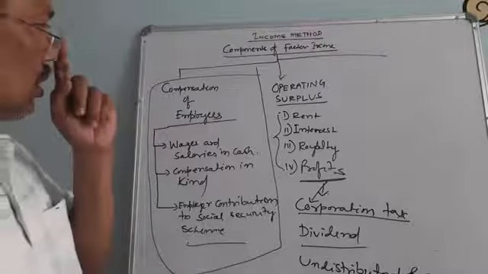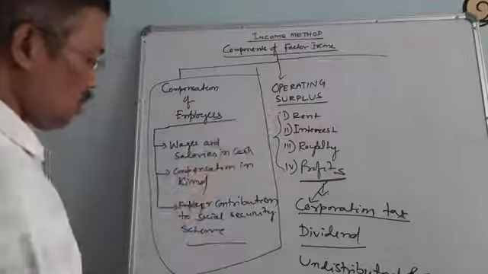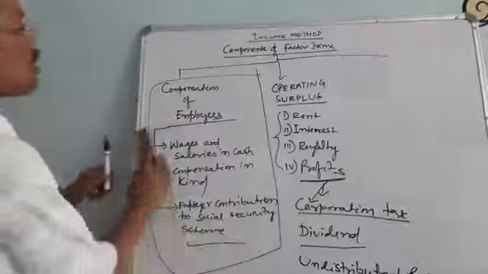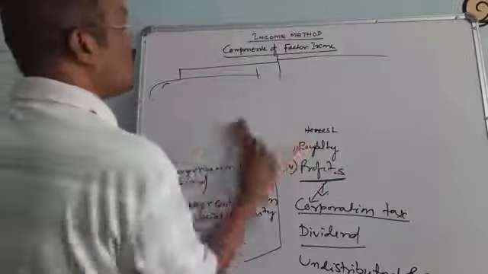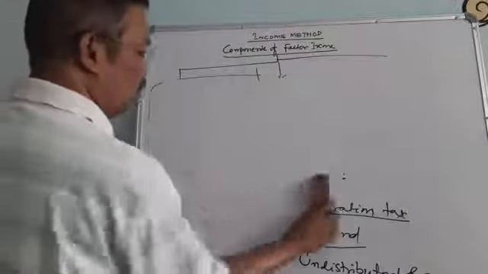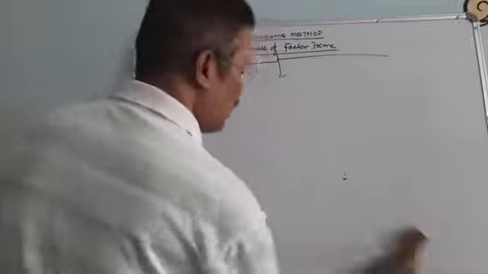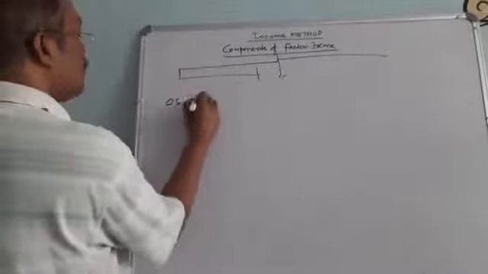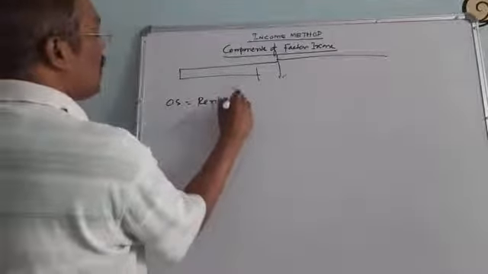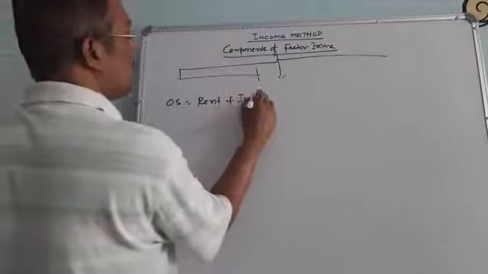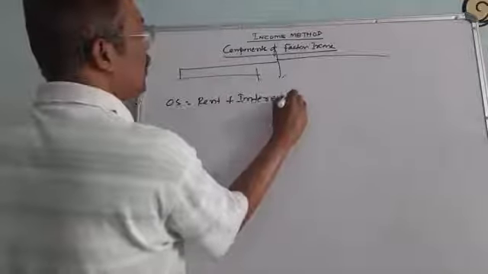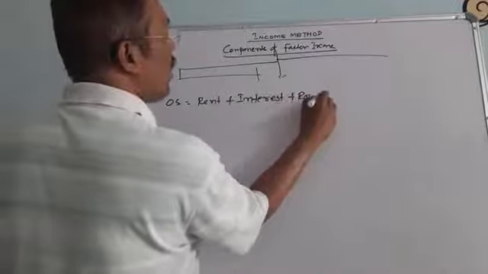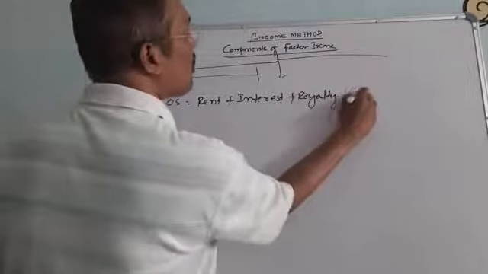So it means operating surplus, OS, equals rent plus interest plus royalty plus profits.